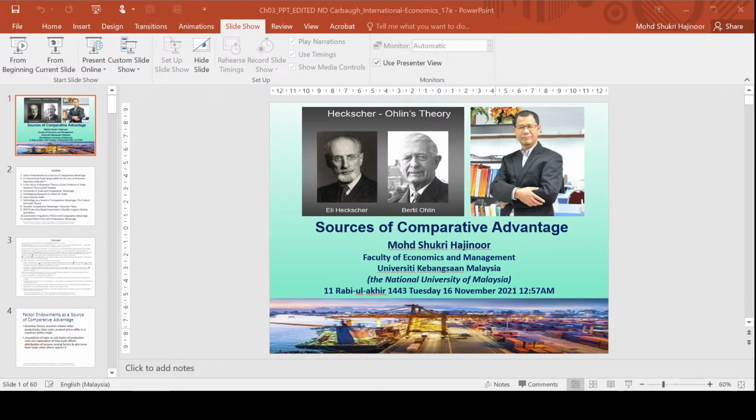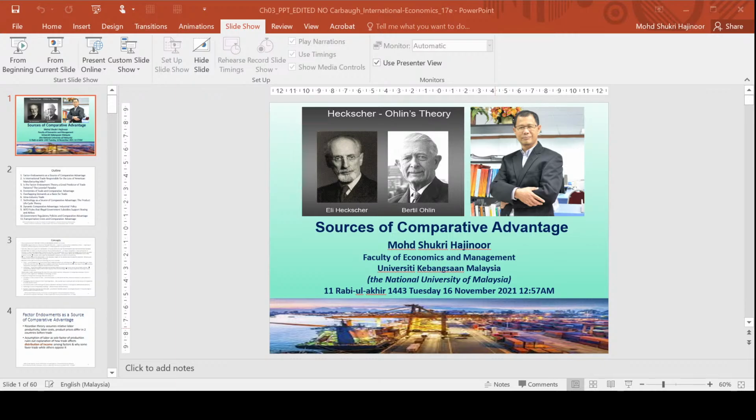Country A has better technology, or higher technology, in the production of X. Other things, I call taste, are the same between two countries. Technology and endowment are the same.